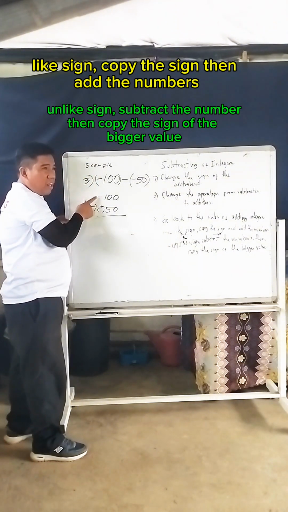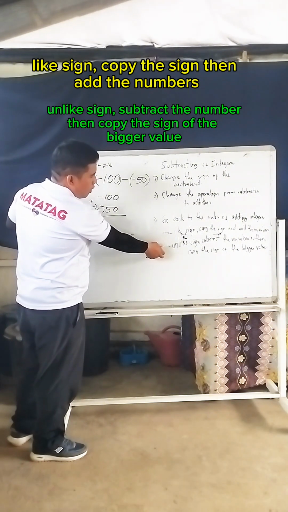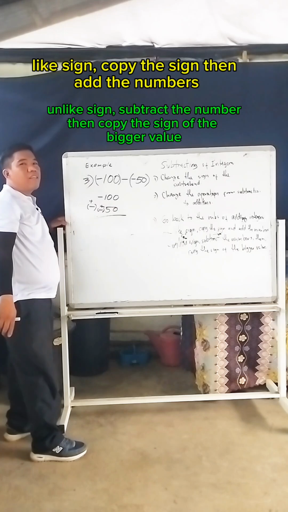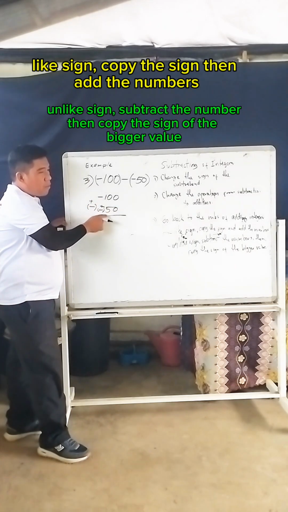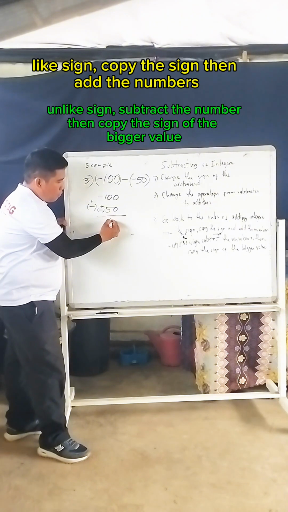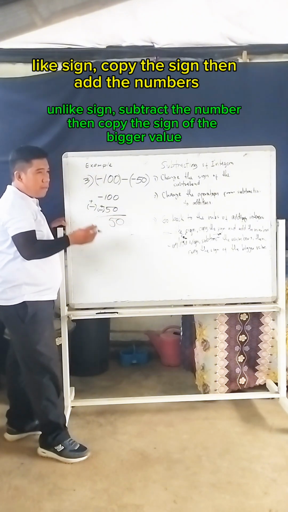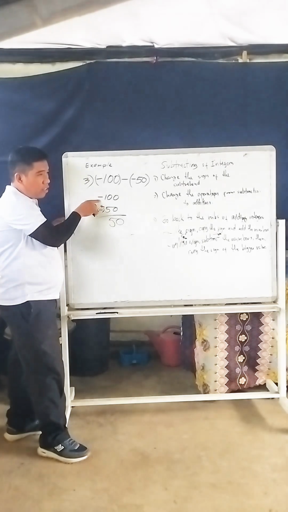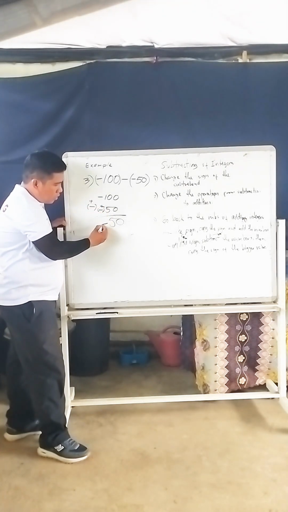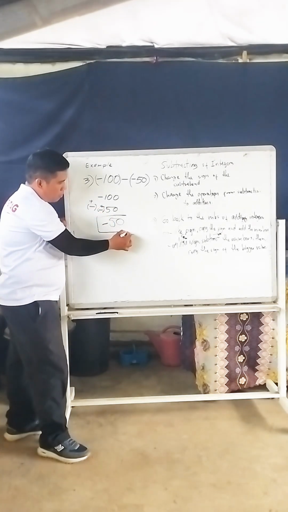So we have an unlike sign. So subtract the numbers, then copy the sign of the bigger value. So 100 minus 50, that is 50. Then copy the sign of the bigger value. 100 is bigger than 50, and 100 is negative. So the answer here is negative 50.